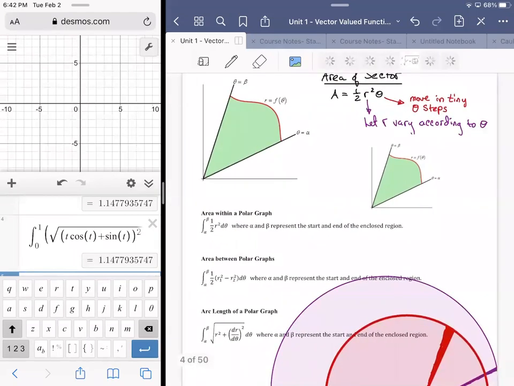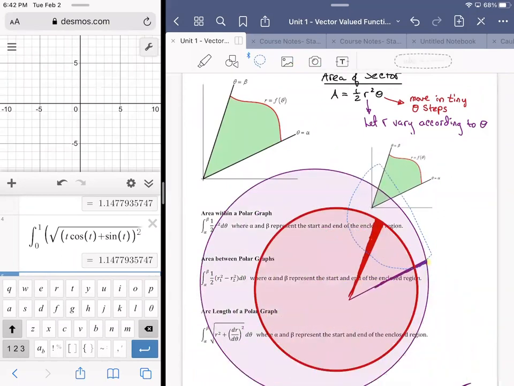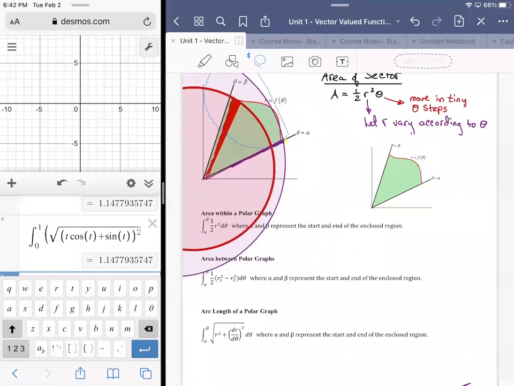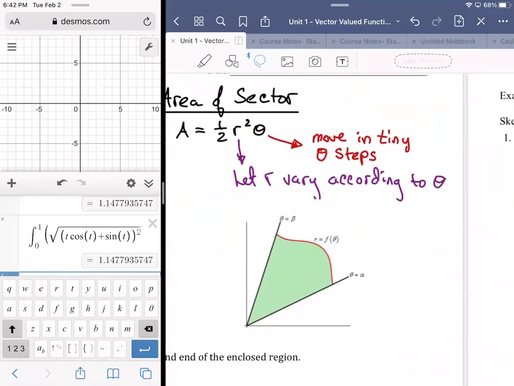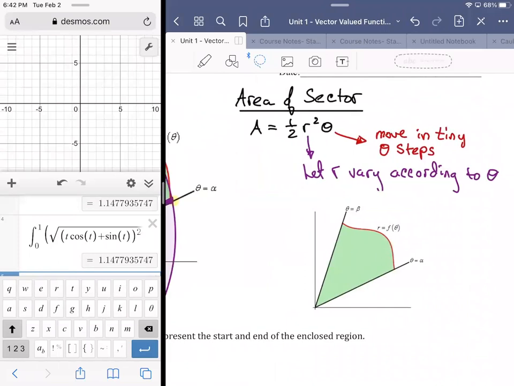And then I can bring all this stuff back. So what we would be doing is taking a little tiny step, then a little tiny additional step, and then another tiny step, and so on until we've covered the entire field.